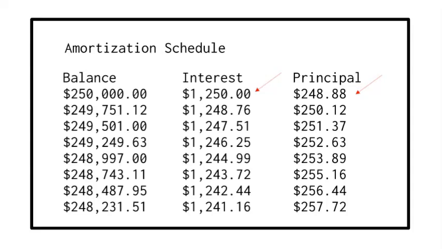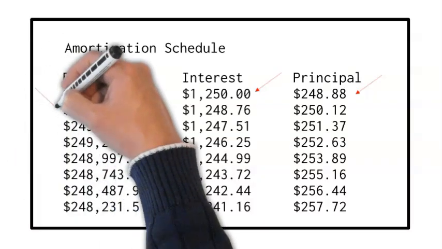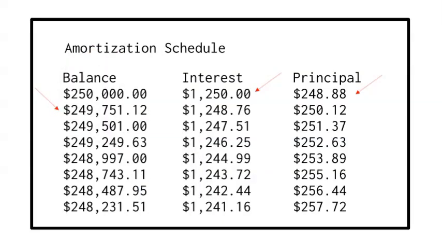The principal for payment 1 is subtracted from the original loan balance, which gives us our new principal balance for payment number 2. We will repeat these calculations for each loan payment. So for a 30-year mortgage, this is completed 360 times.